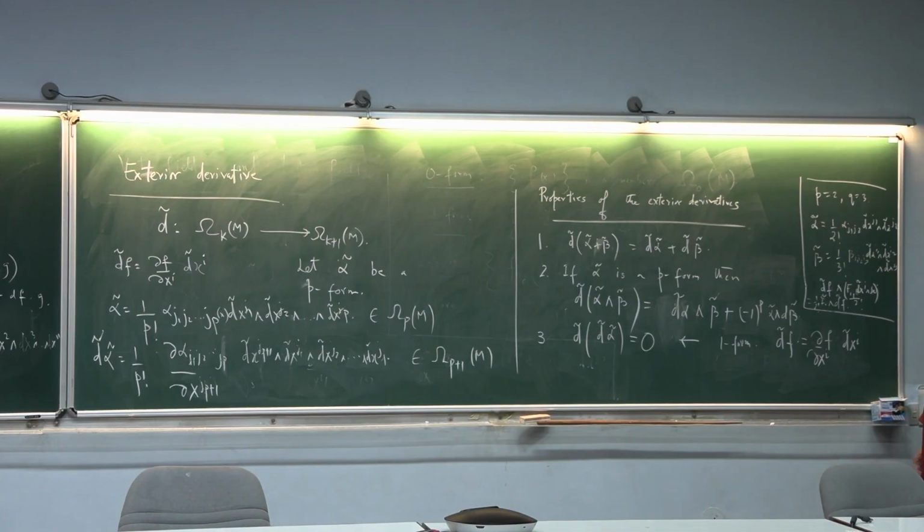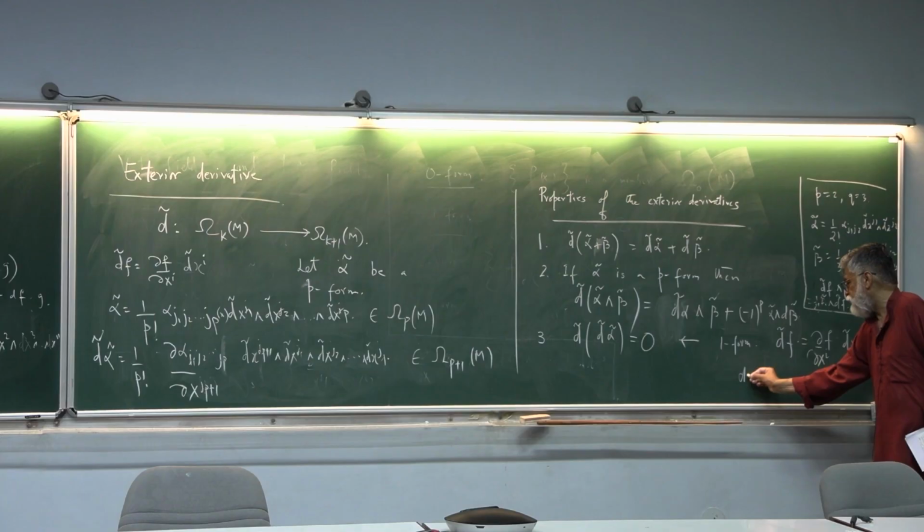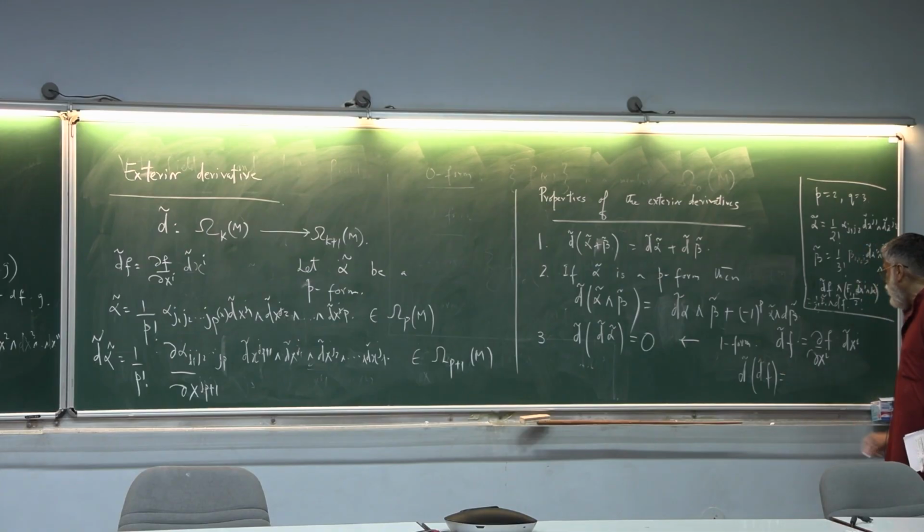Okay, all right. Now let's take d of d of f. It will be, by definition, del 2f by del xj del xi, d xj wedge d xi.